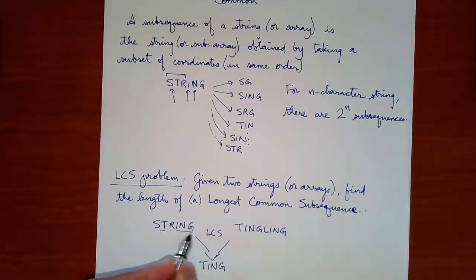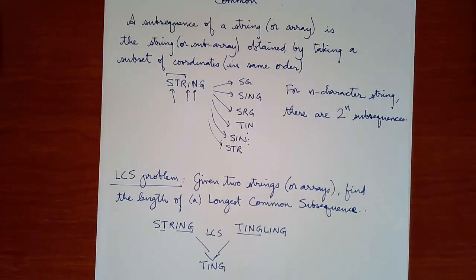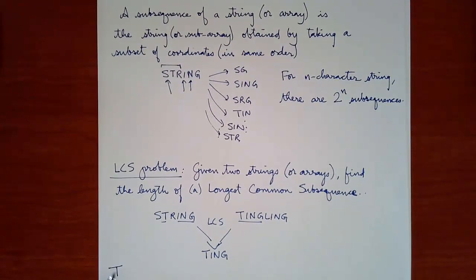In this case, it's actually a substring. And so the length is 4, and you could find the length, or you want to find a longest common subsequence. Okay, so the trivial algorithm would simply be to try all subsequences.